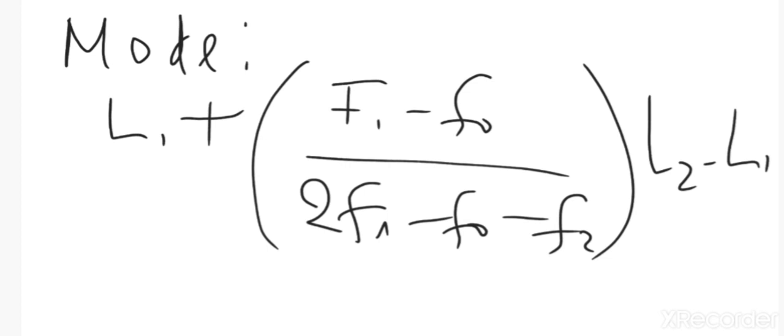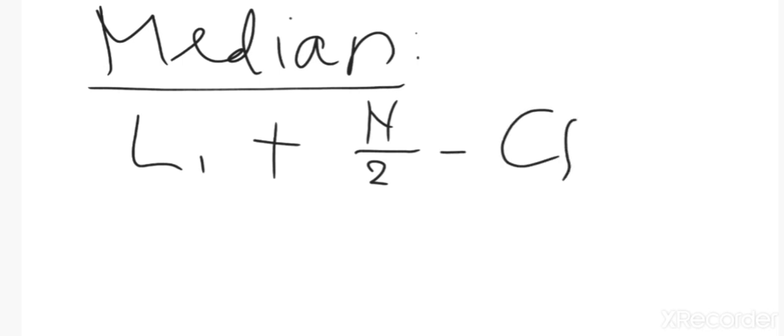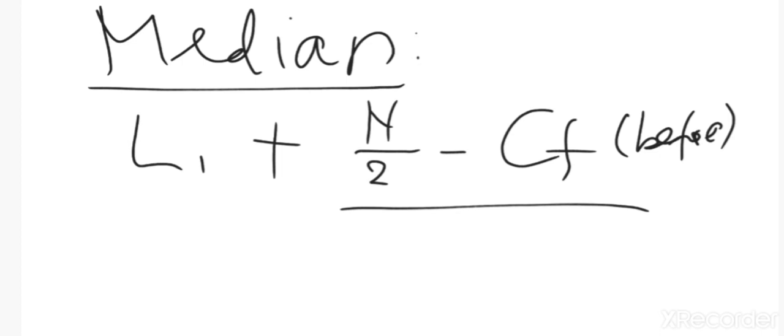Let us see the side of median. The formula of calculating median for the grouped data is L1 plus n over 2, then minus the cumulative frequency before the class limit, and divided by the frequency of that class limit.